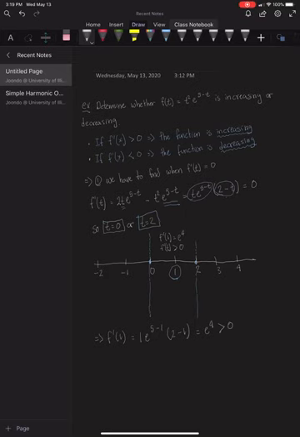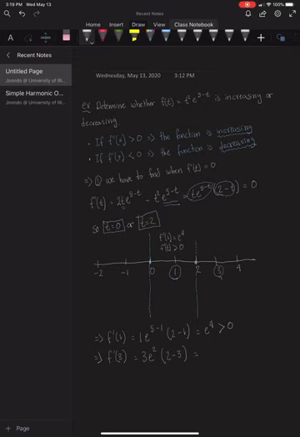What happens in the 2 to 4 area? The number between that is 3, so we can plug in 3 to see what happens. F prime of 3 is going to be 3e squared times 2 minus 3.